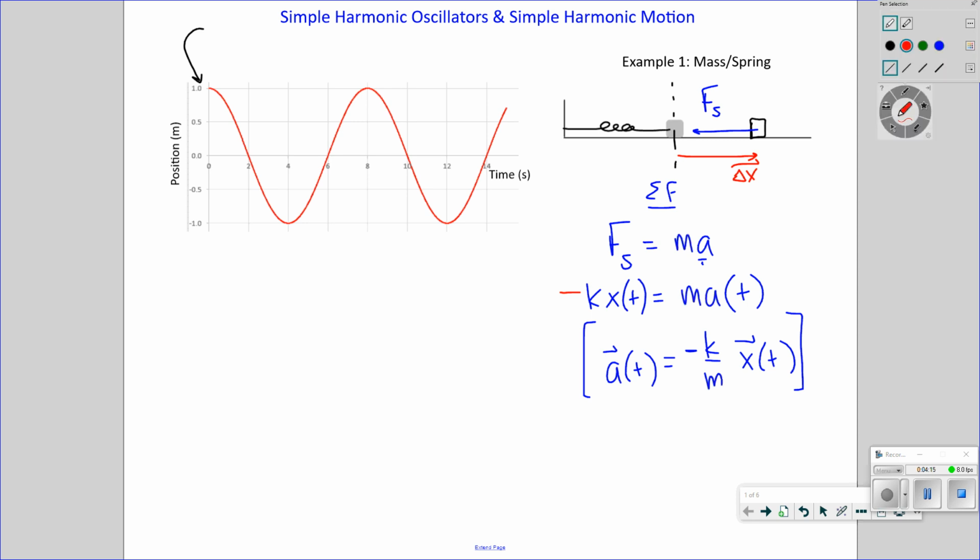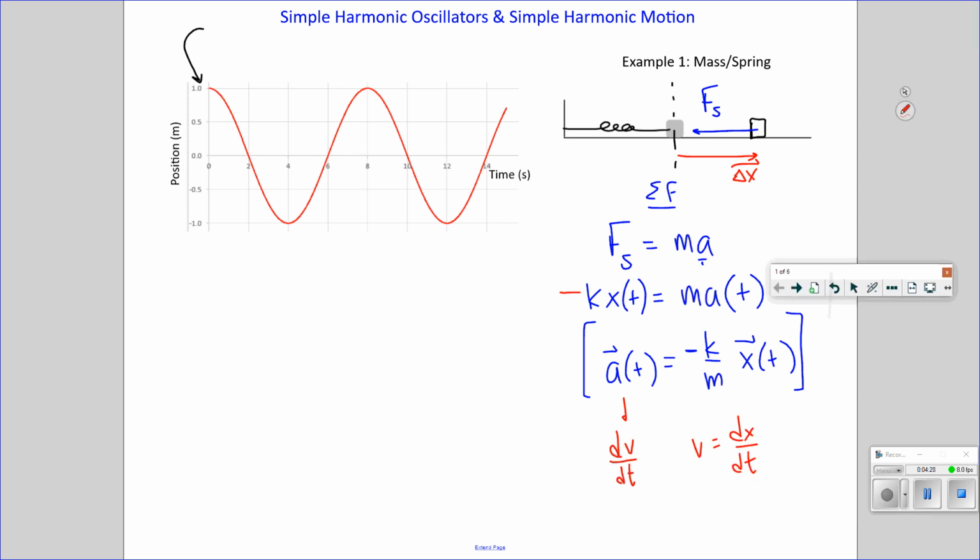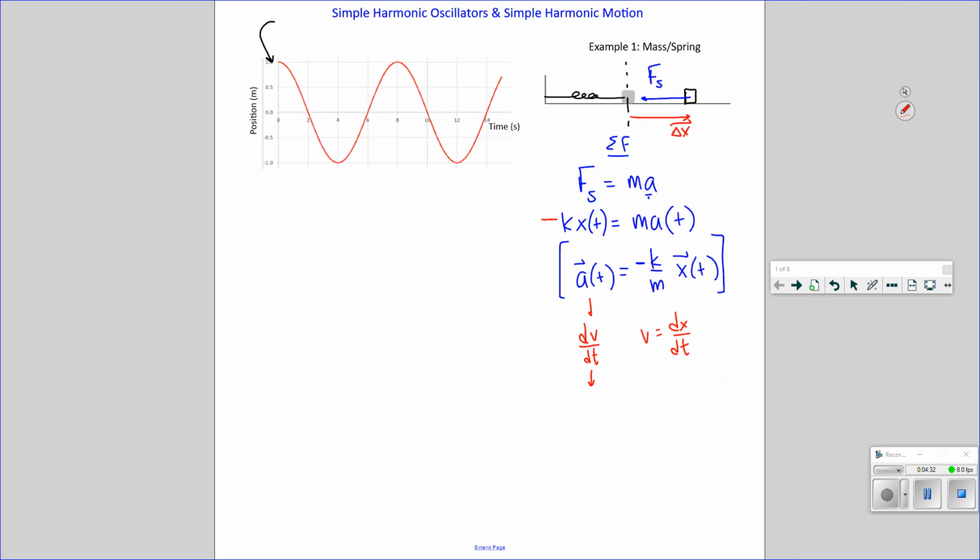Acceleration is the time derivative of velocity, and velocity is the time derivative of position. So acceleration is the second derivative of the position function with respect to time.